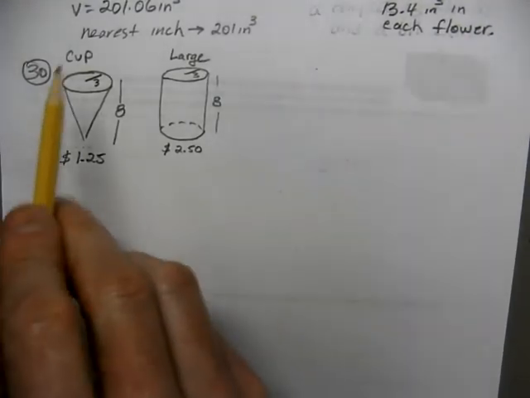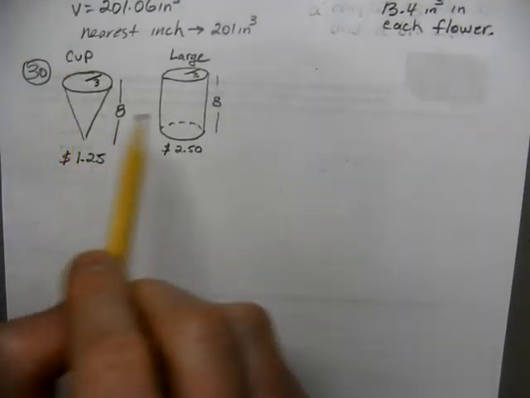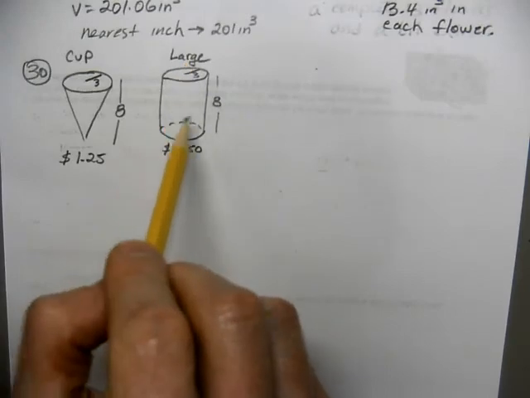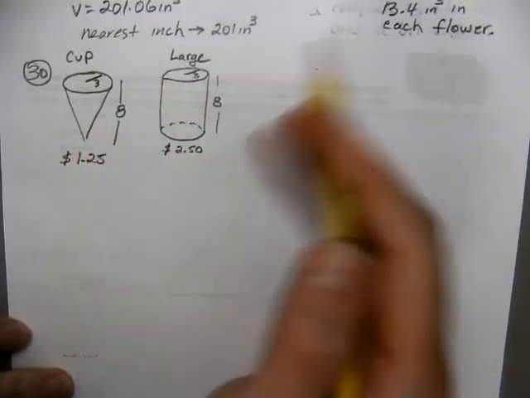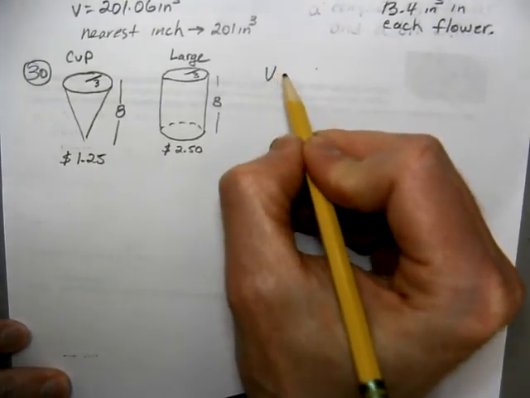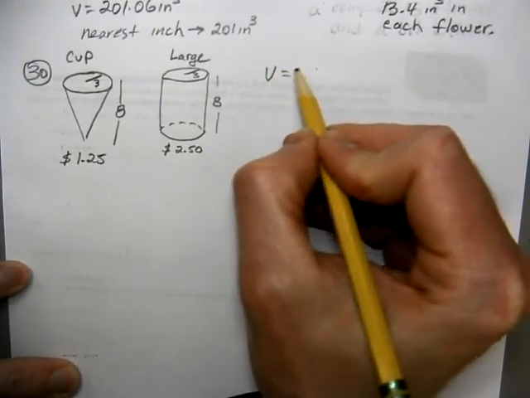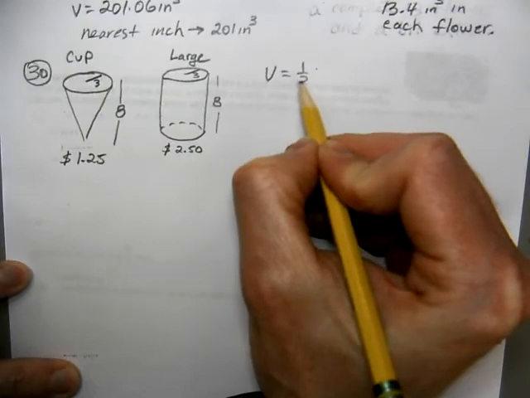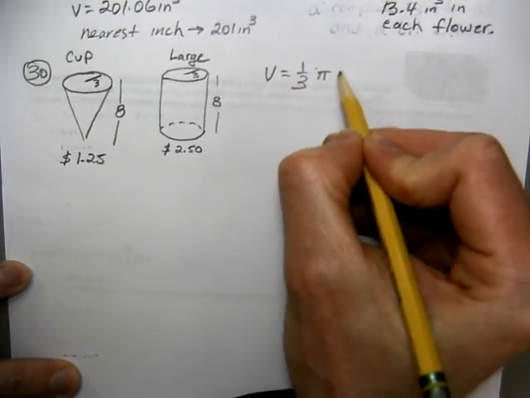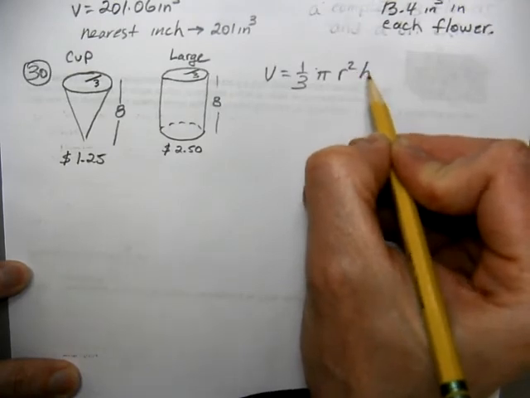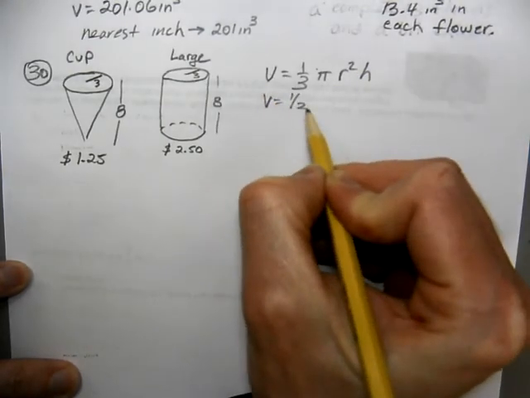We have popcorn that's being put into this cup, and we have popcorn that's being put into this larger cup. We need to find the volume. The volume of the cup is 1/3 pi r squared times h.